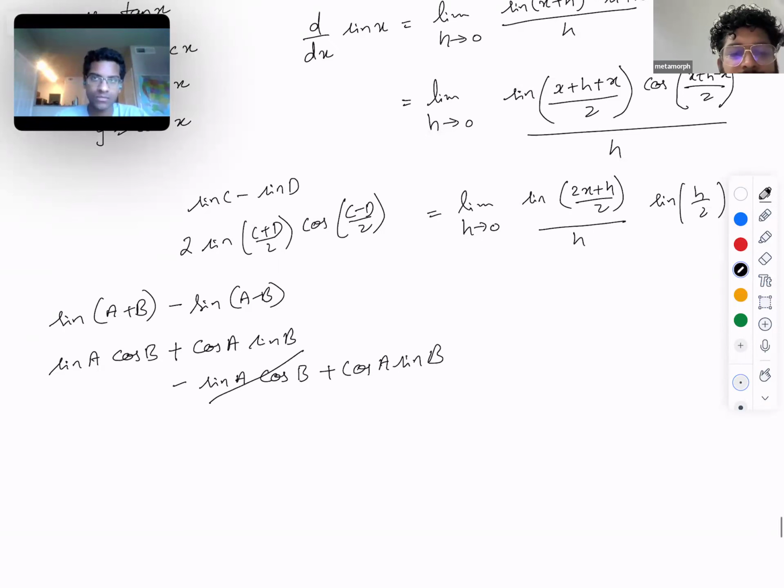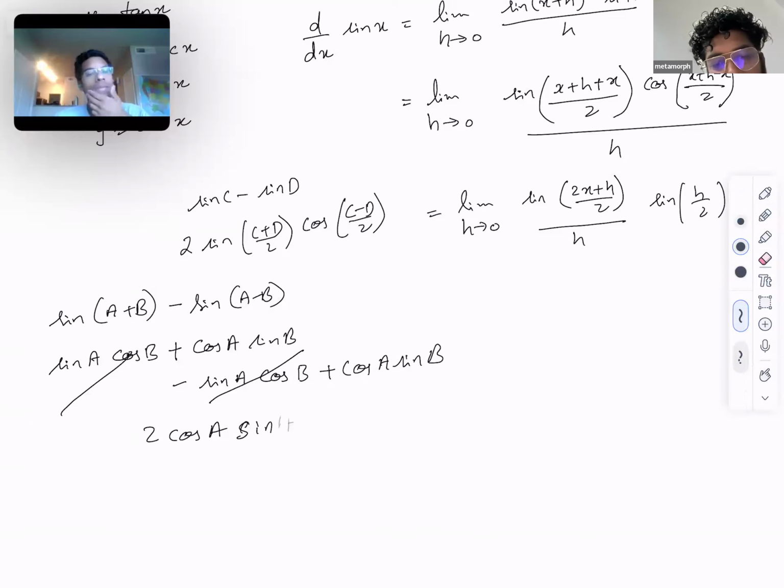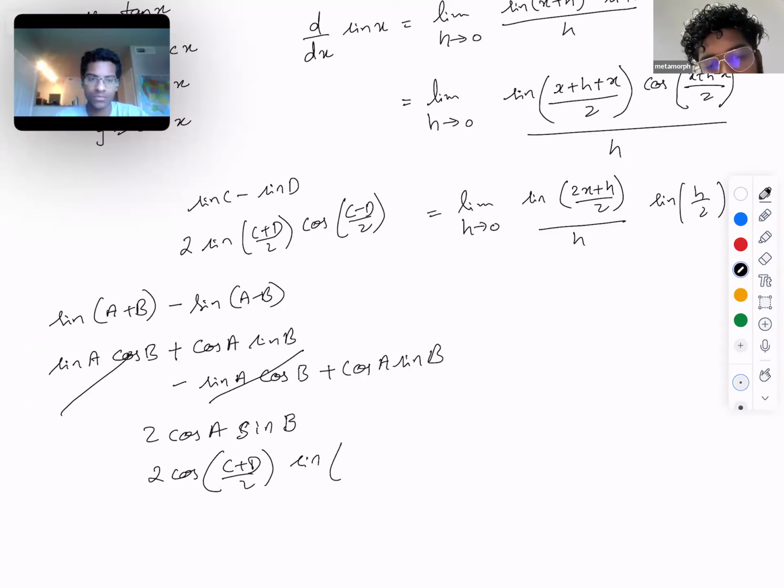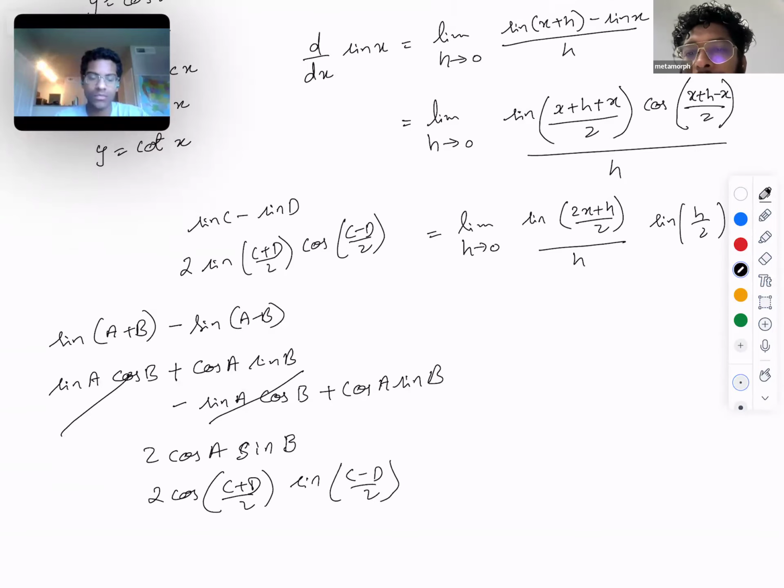So this gets cancelled. You have 2 cos a sin b. Yeah, that looks more familiar. That's 2 cos of c plus d by 2 into sin of c minus d by 2. That's the formula I'm supposed to use.